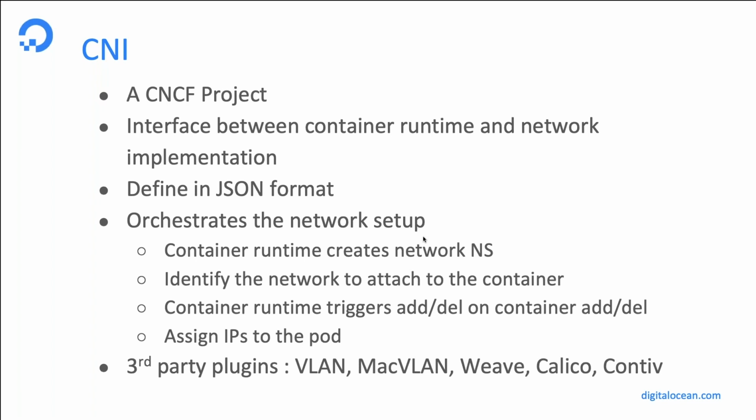And whenever you're deleting, the deletion of the IP address and of all the entries will be handled by the CNI, whatever interface you are taking. For example, if you're using Weave, it would be doing all these functionalities; if you're using Calico, it would be doing all these functionalities.